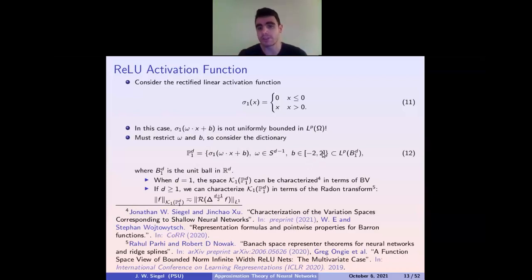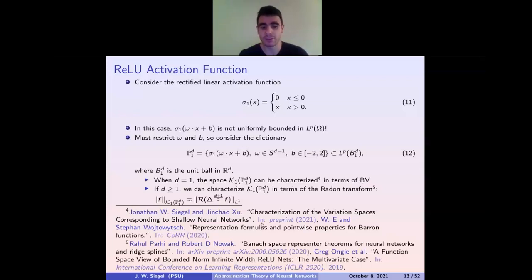This precise interval depends on ω, but if I choose ω to be in the unit ball in R^d, for example, this interval [-2, 2] will suffice. And there are more technical details in some of these references here. In this case, again, when d equals 1, we get a characterization in terms of BV. Basically, it's the set of functions whose derivative is in BV.